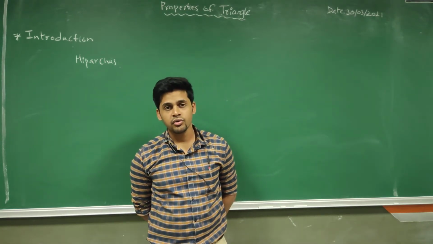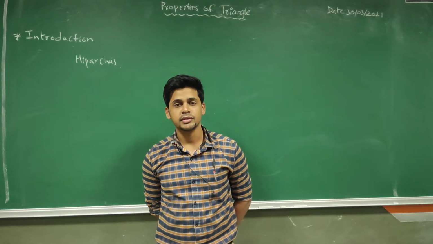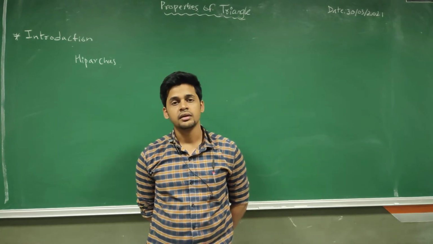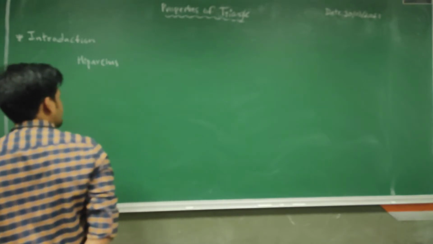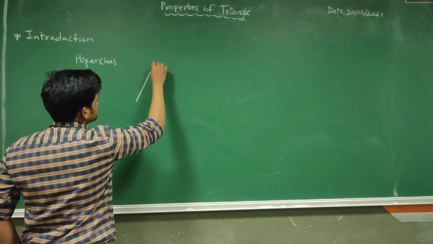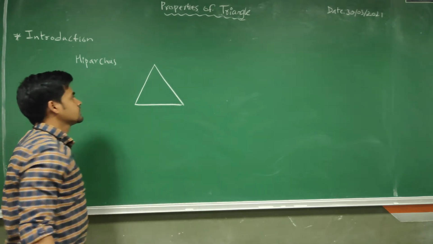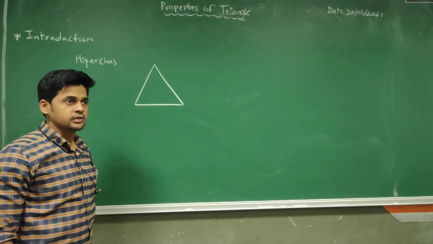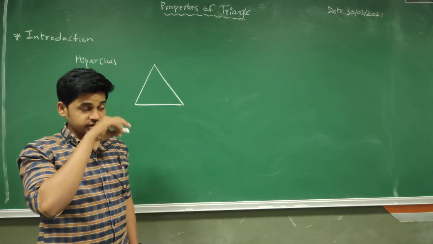Before jumping into this chapter, we have to have some knowledge regarding angles and sides of a triangle. So here I am going to draw a triangle. We are not taking a right angle triangle because in this chapter we are going to learn different types of triangle.